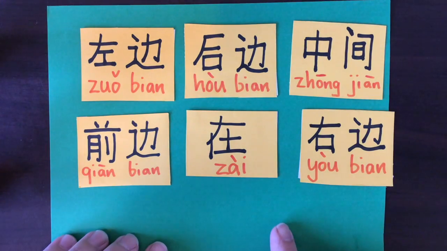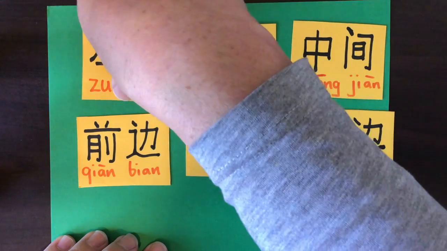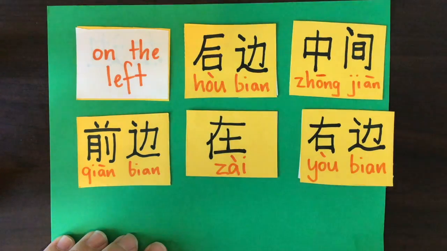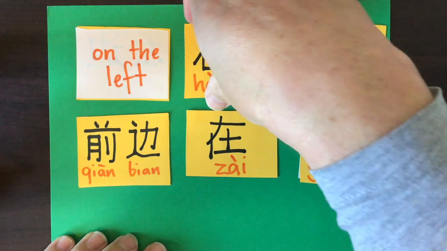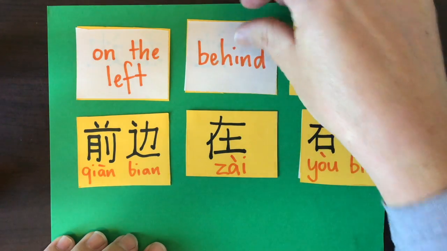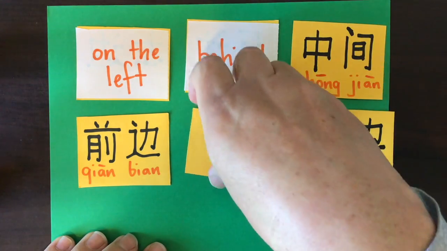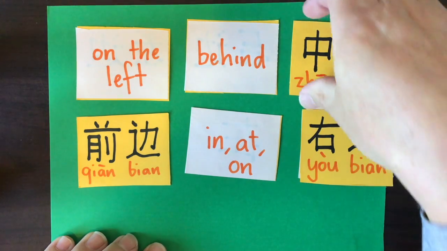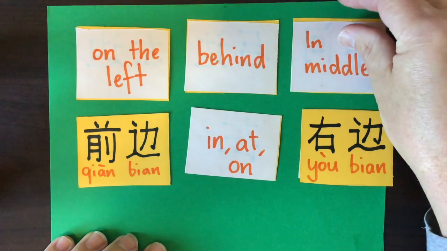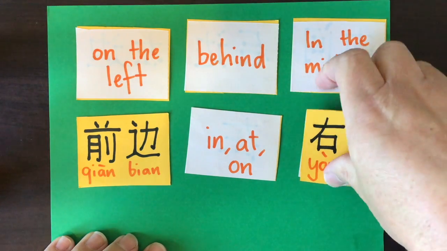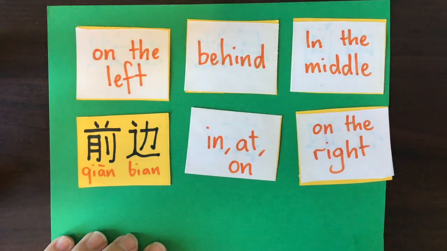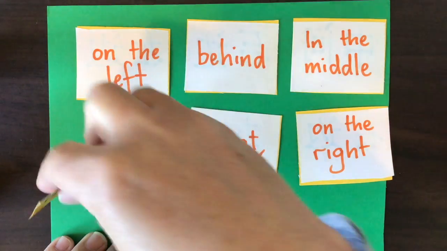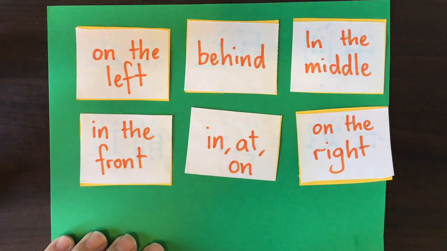Okay, let's take a look at their meanings. 左边 is on the left. 后边 behind. 在 in, at or on. 中间 in the middle. 右边 on the right. 前边 in the front.